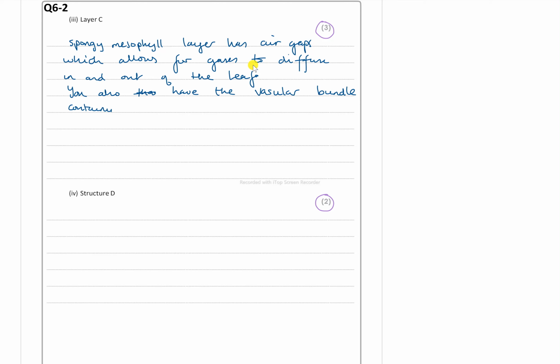Containing the phloem. Okay, the phloem to move the products of photosynthesis around the plant to other parts of the plant.